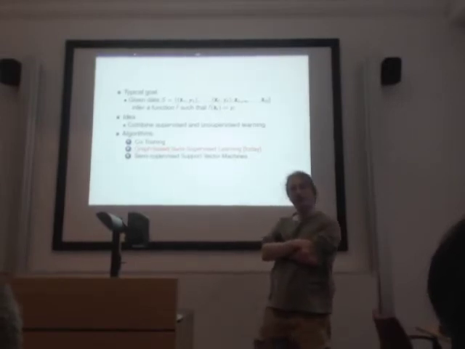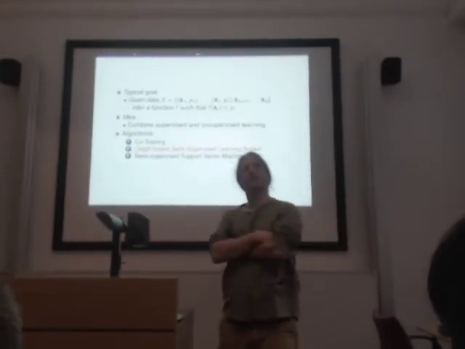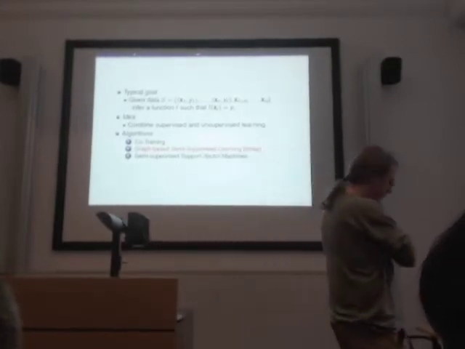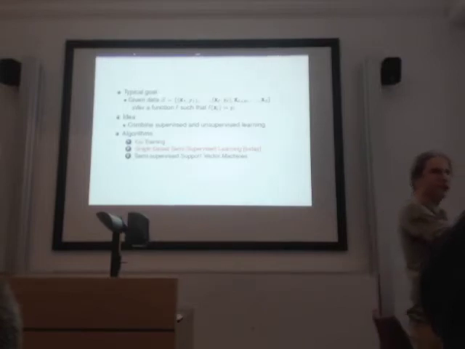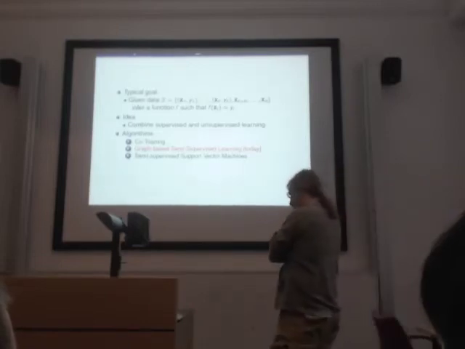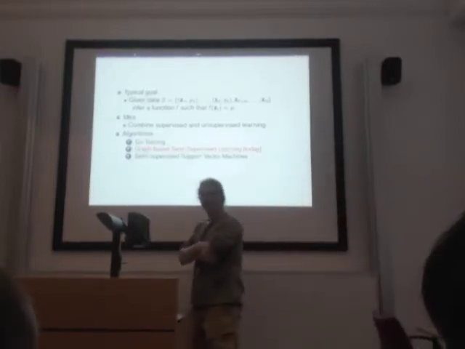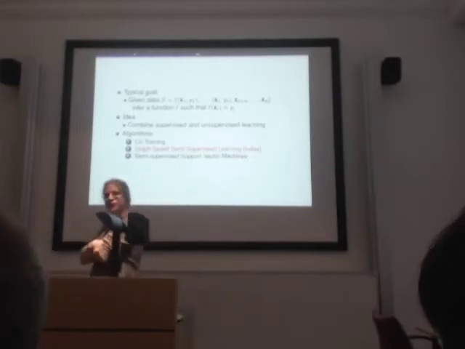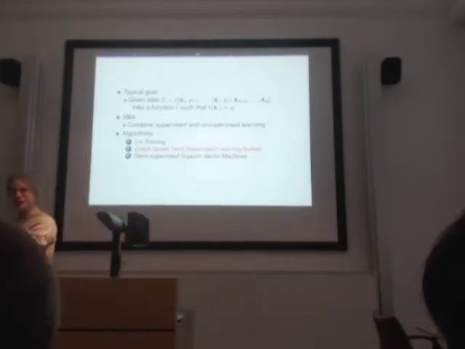So you're like, well, how can I use my unlabeled data with any supervised technique? Well, one thing which you could do would be to learn a function on your labeled data, use that to predict labels on your unlabeled data, then combine those hallucinated or predicted labels with your original data and use that to predict.